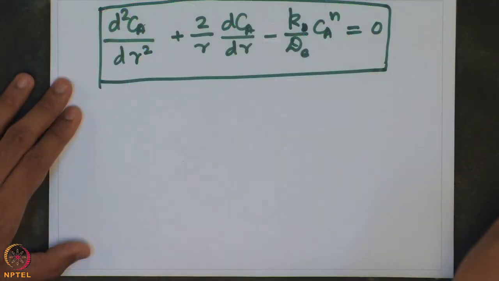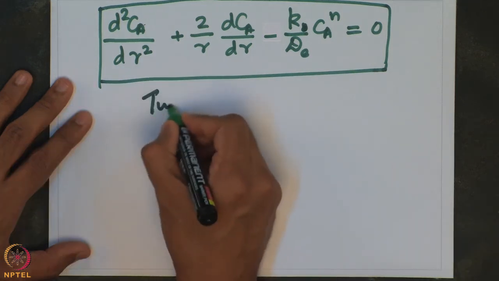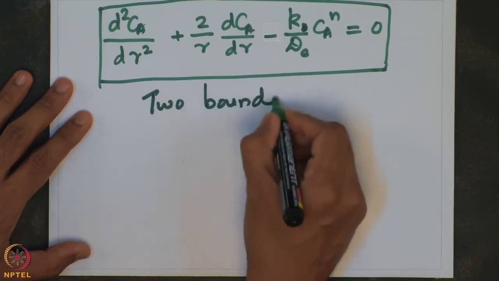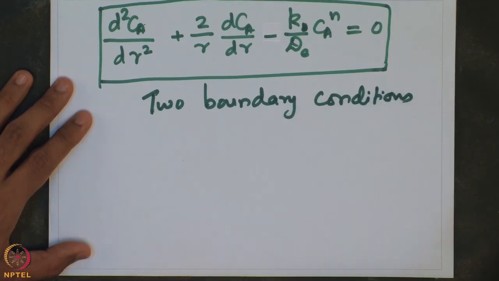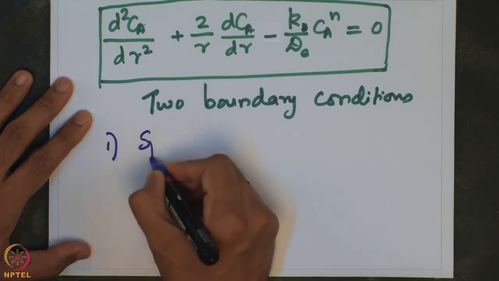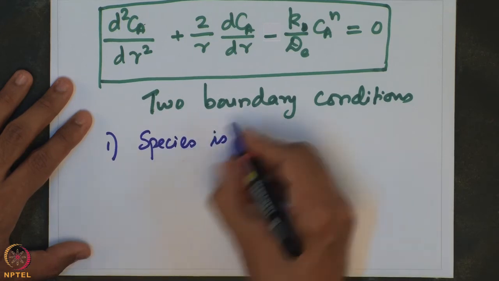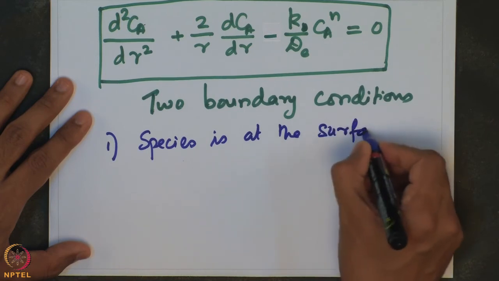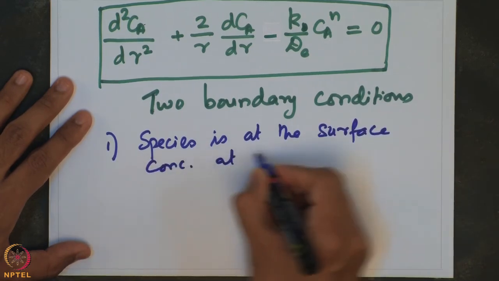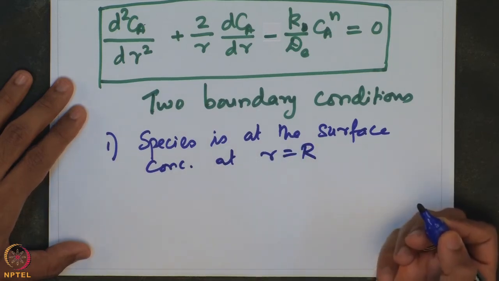Now, when we write the mole balance, we need to also capture the boundary conditions. Note that this is a second order differential equation. So, what will be the number of boundary conditions? There will essentially be 2 boundary conditions. What are these 2 boundary conditions? The first boundary condition is that the species is at some surface concentration at r equal to capital R, which is the exterior surface.